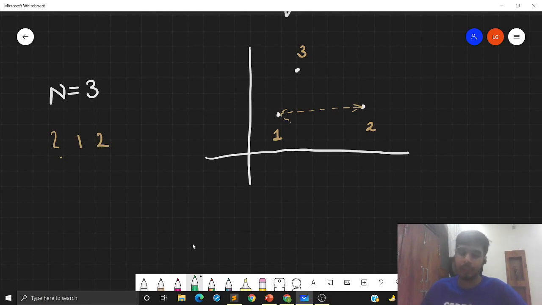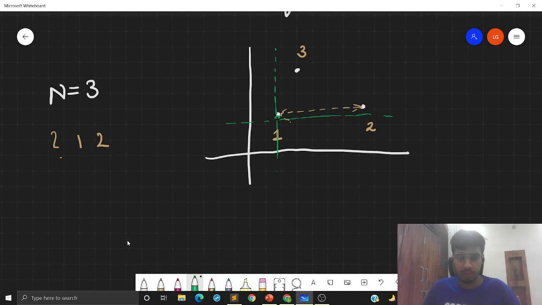Okay, can we assume this point 1 to be at the origin? Can we shift our coordinate axes? Will it change our answer? Well, no. Shifting all the points will not change the distances between any 2 points, right? So we can shift all the points and make any one point the origin.